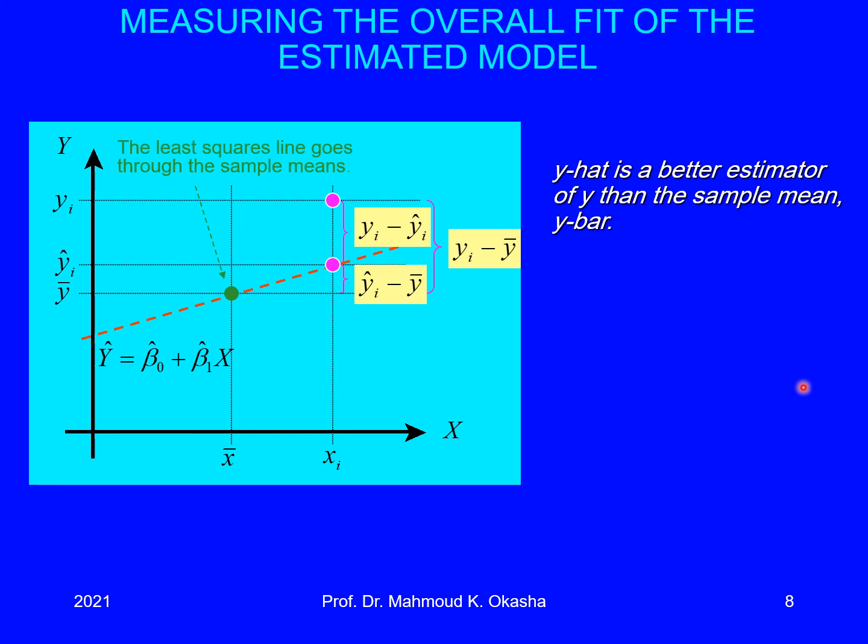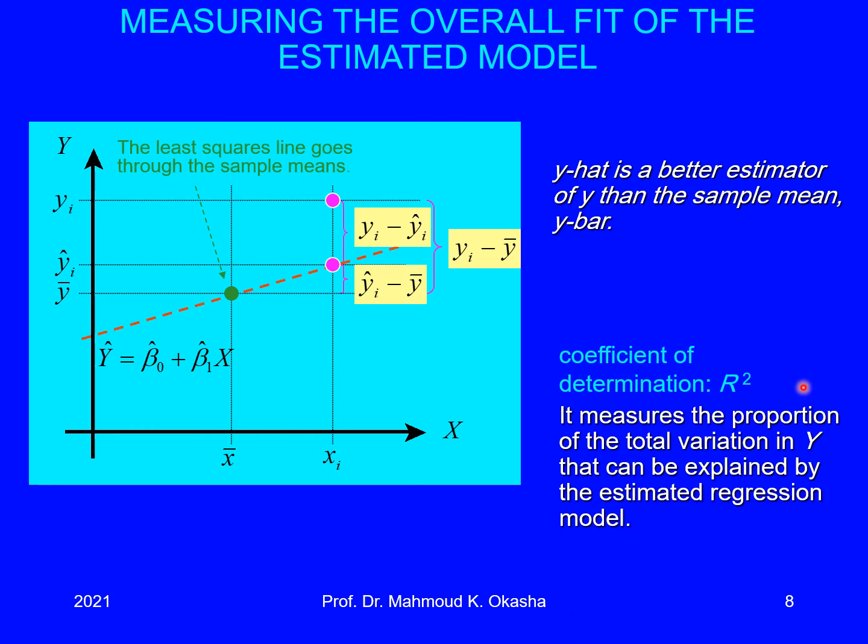And that's yi hat minus y bar. So these are the errors which we use in the estimation of beta naught hat and beta 1 hat.